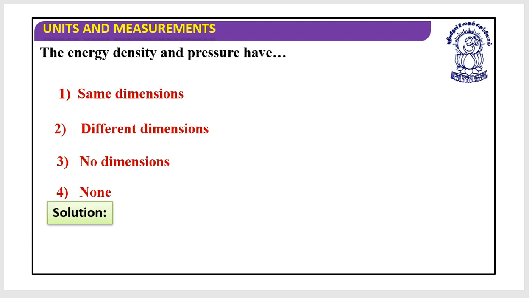Okay, so let's look at the next question. The energy density and pressure, these two must have what? So let's find out the dimensions of energy density. Do you remember the formula of energy density?